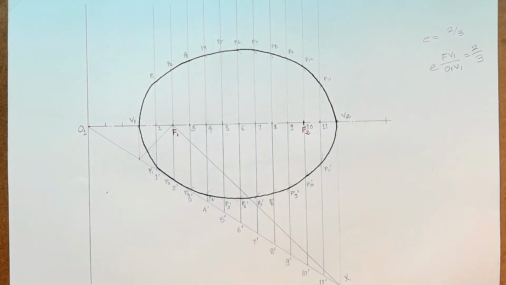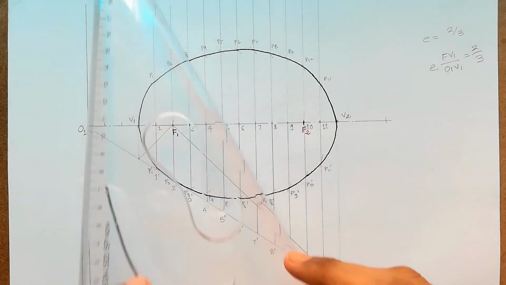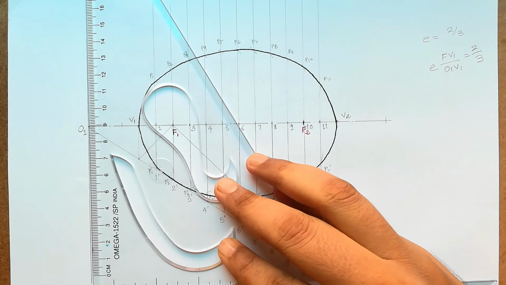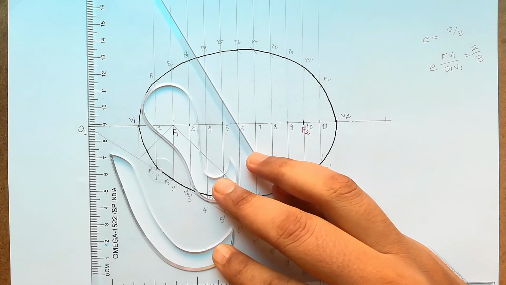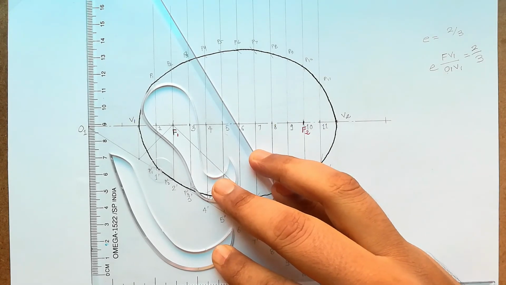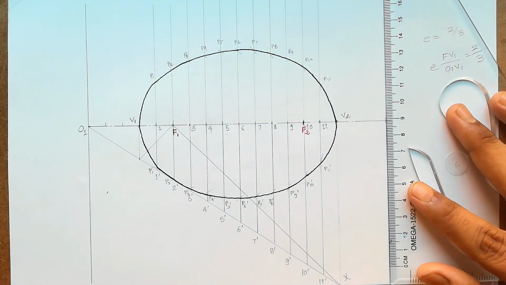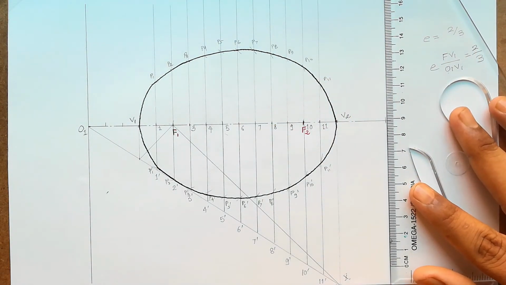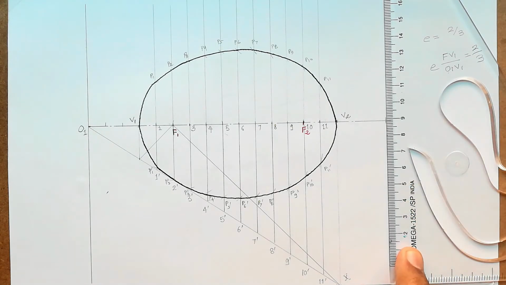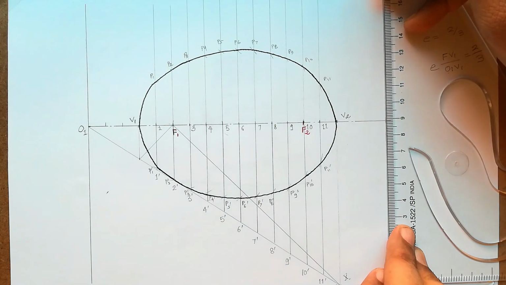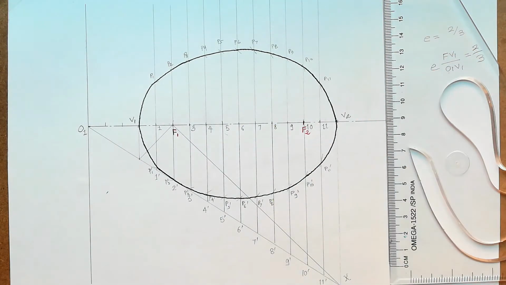As we all know, directrix is basically a vertical line. I will take the reference of a vertical line like this, and I will draw one more vertical line over here, which will represent the directrix. So this is my second directrix.